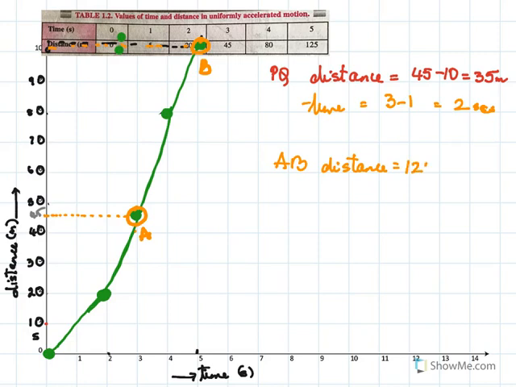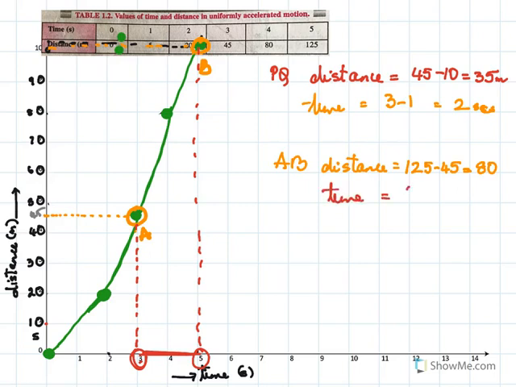So the distance traveled is 125 minus 45, and that works as 80. Now we'll see the time. For A the time was 3, and for B the time was 5. So the time from A to B is 5 minus 3, and that is 2 seconds.